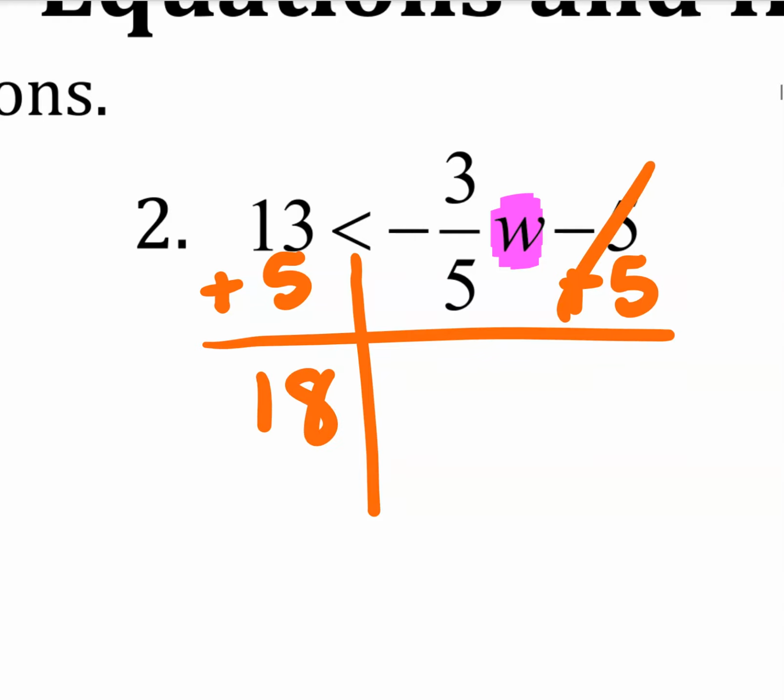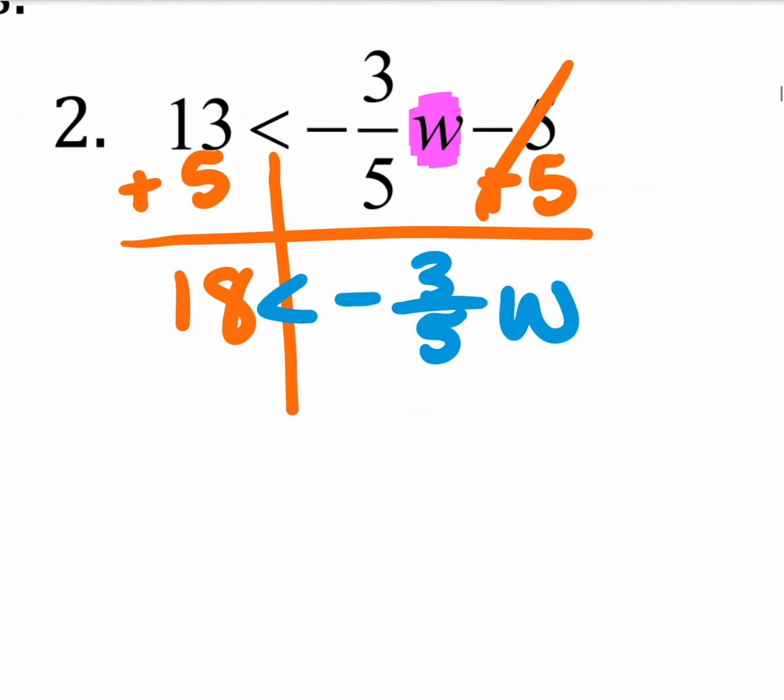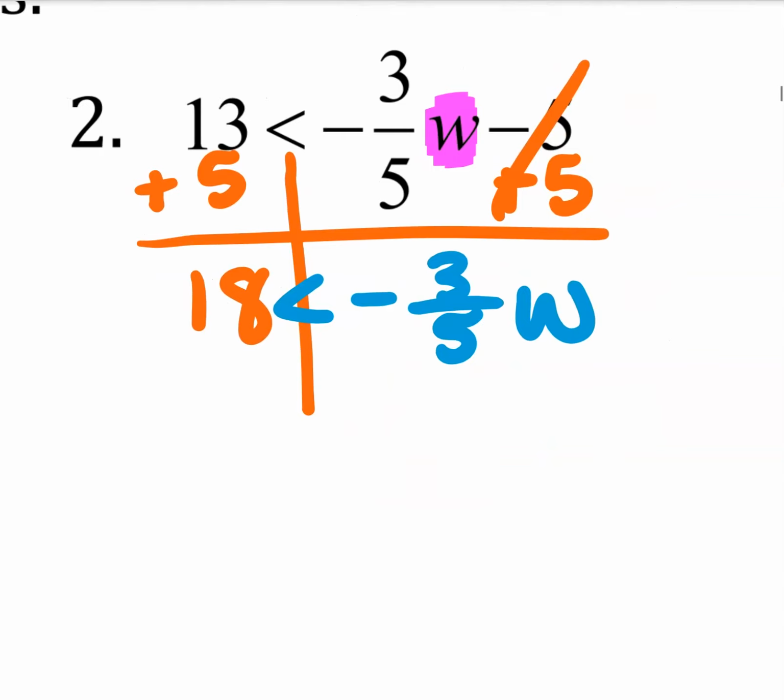And then keep that inequality, that less than, -3/5 w. Here with the fraction, you have 2 choices. You could multiply by the reciprocal to get rid of the fraction in 1 step. Some of you guys, I know, do it in 2 steps, so I can show you the second step, but for now I'm just going to do times the reciprocal.